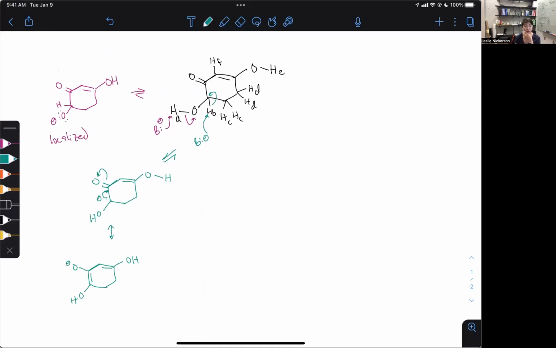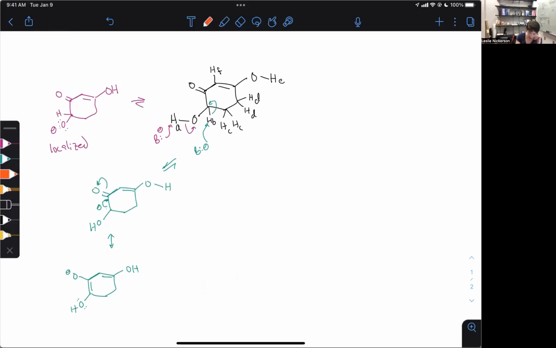Okay, so then I'm at this point. Can't really go anywhere else, right? I can't go this direction because then I'd overload the octet on the other oxygen. I can't go this way because then I'd have too many bonds. I'd be breaking some rules if I did that. So this is basically the only thing that I can do.